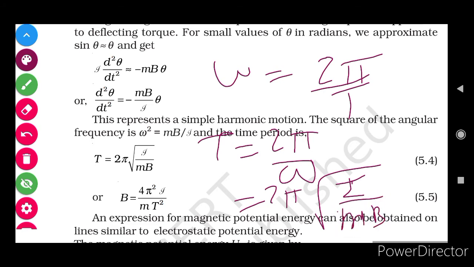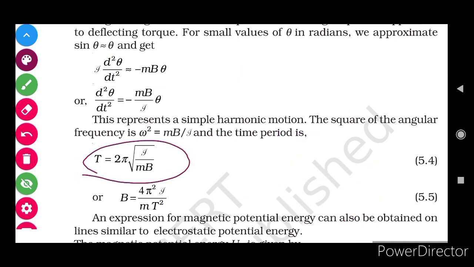Now when I square this, I'll get T square is equal to 4 pi square I upon mB.